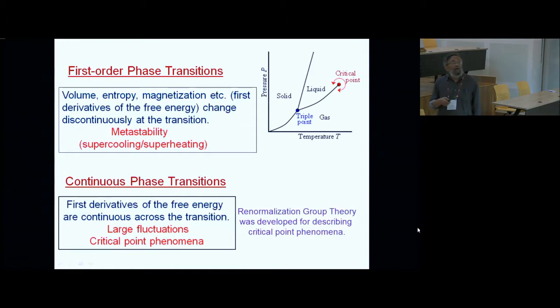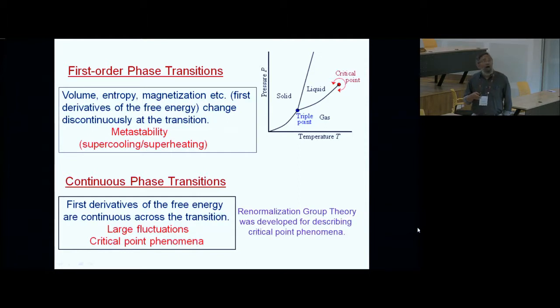But there are phase transitions for which there are discontinuities as one goes across the phase boundary. If you look at the Helmholtz free energy, it is always continuous. But if I take a derivative of that with respect to temperature or magnetic field and things like that, then we get these thermodynamic quantities.